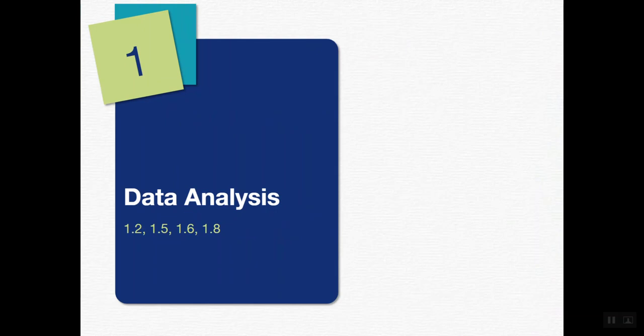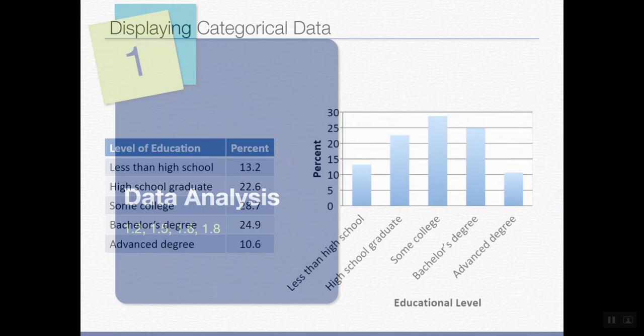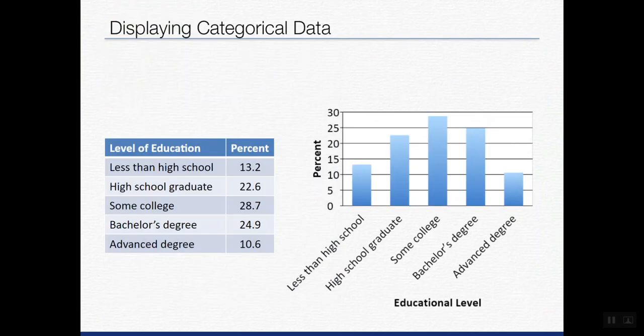So, our first unit was about data analysis. So let's remind ourselves of a few things that we talked about in our very first unit. One common way of displaying categorical data is using a bar graph. There's nothing wrong with a bar graph in and of itself, but the same information can be displayed in a pie chart.